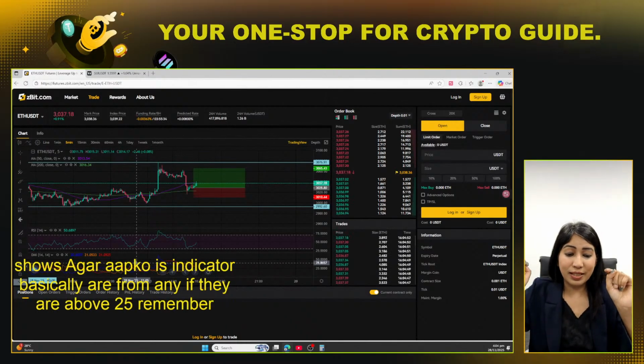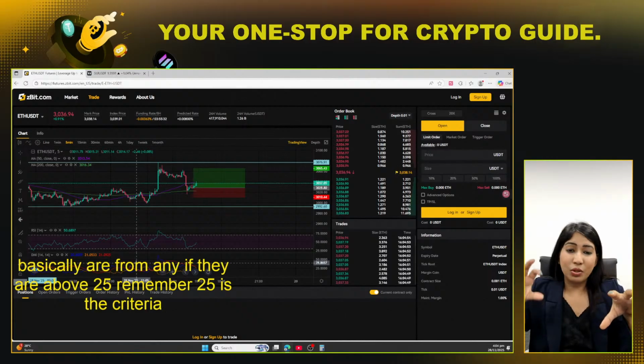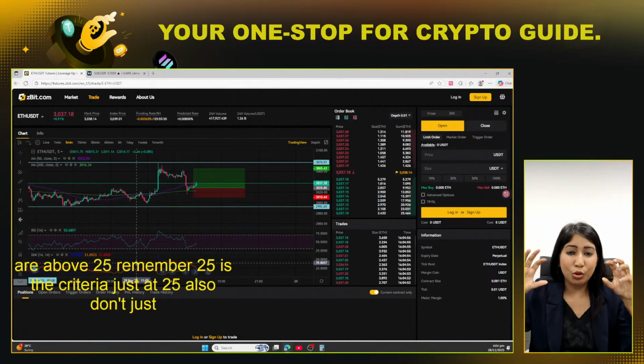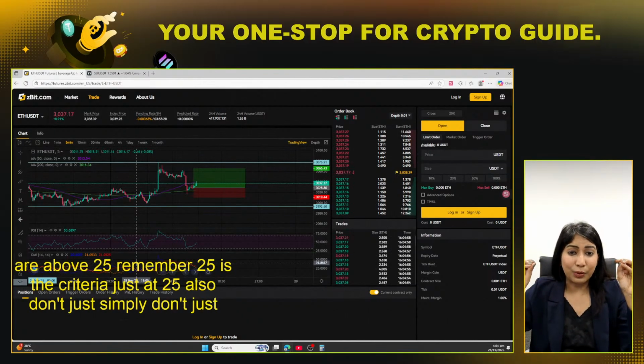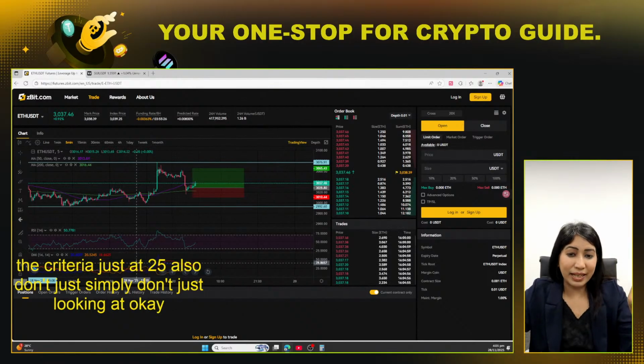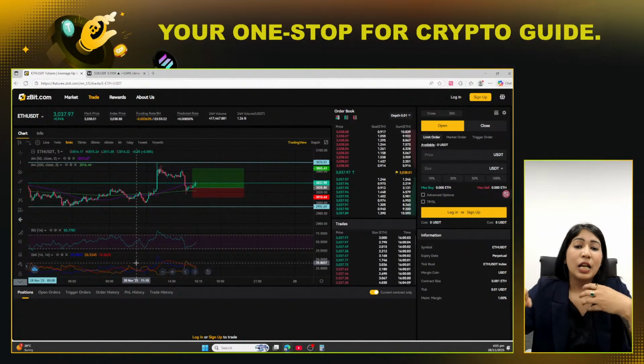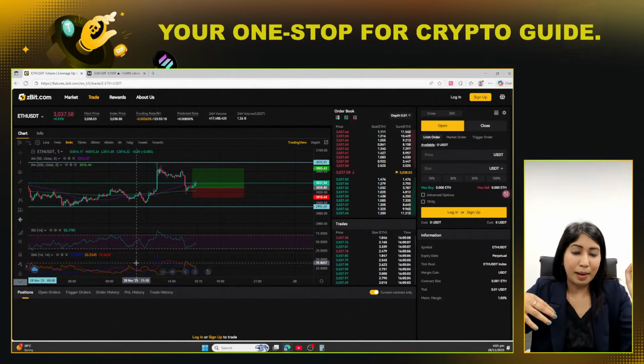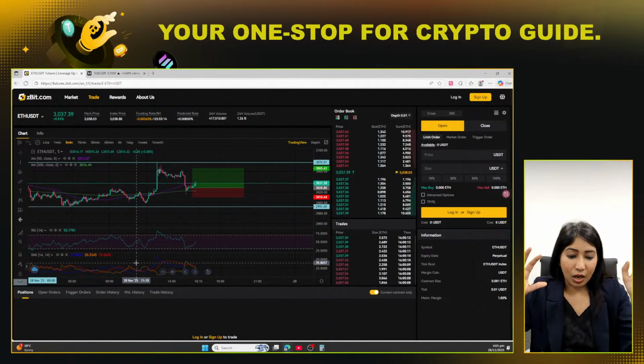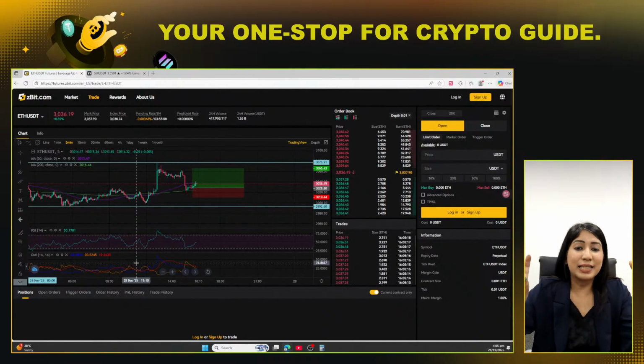Remember, 25 is the criteria. Just at 25, don't simply look and think okay it's at 25, so should I immediately take a trade? The answer is no. Wait a little, see whether it is going to 25 and above or not, and only after that try to take your trade. That is how you will jump into the conclusion of whether you have to take a buy trade or a sell trade.